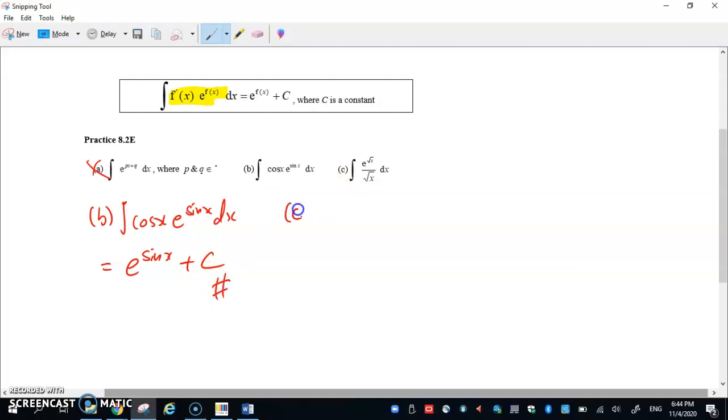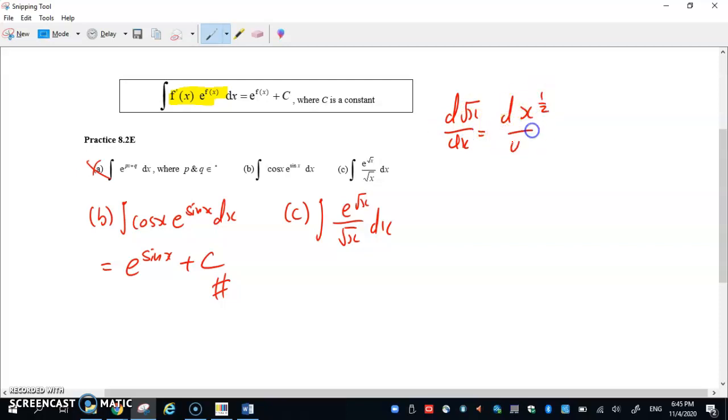Then for part C, we have the integration of e to the power of root x over root x dx. Recall that when you differentiate root x, it's actually differentiating x to the power half, and what we get is half x to the power minus half, which is equal to half times 1 over root x, equal to 1 over 2 root x.